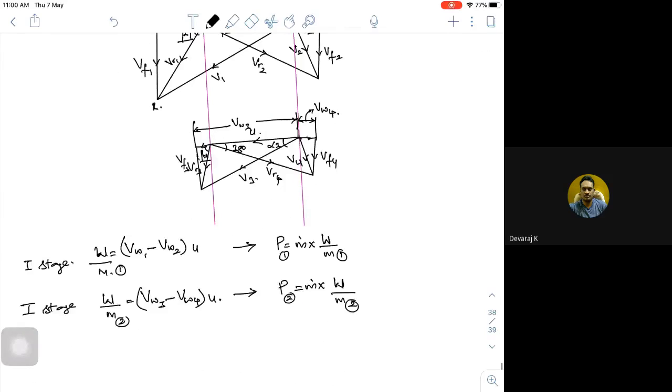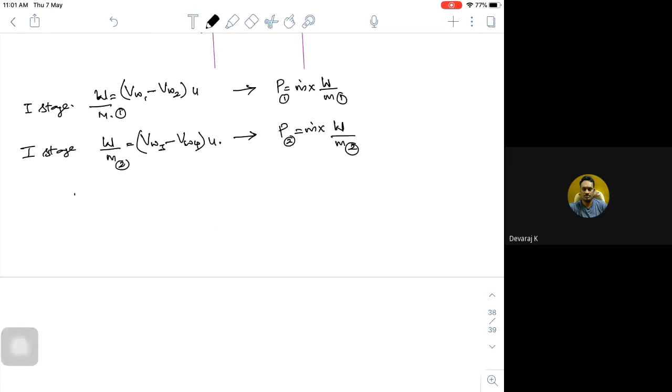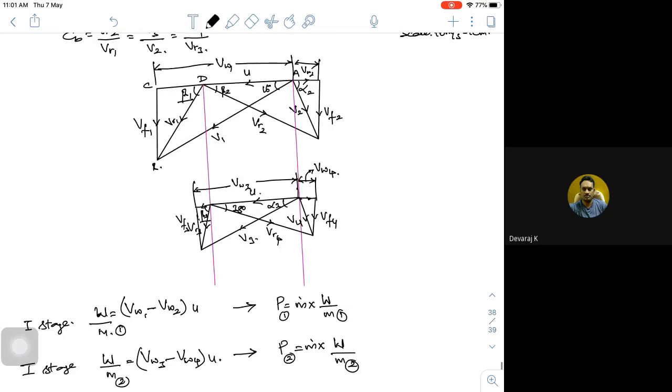The blade efficiency is equal to the sum of both works, W by M of the first and W by M of the second, divided by V1 squared by 2. You will get an efficiency of roughly 60 to 70 percent. I want you people to try both the problems using your graphical method.